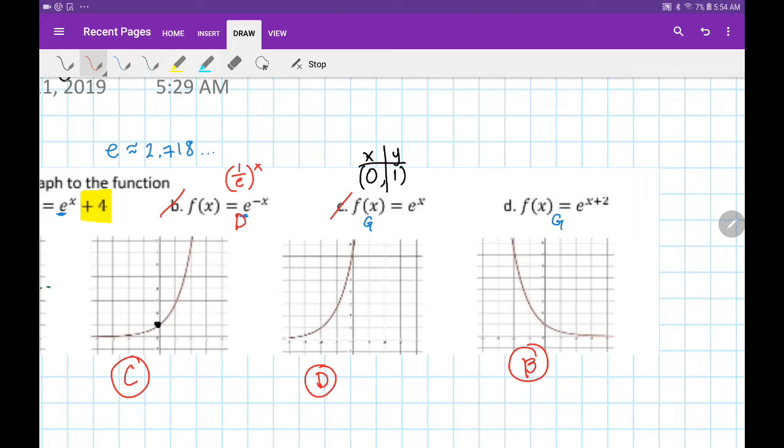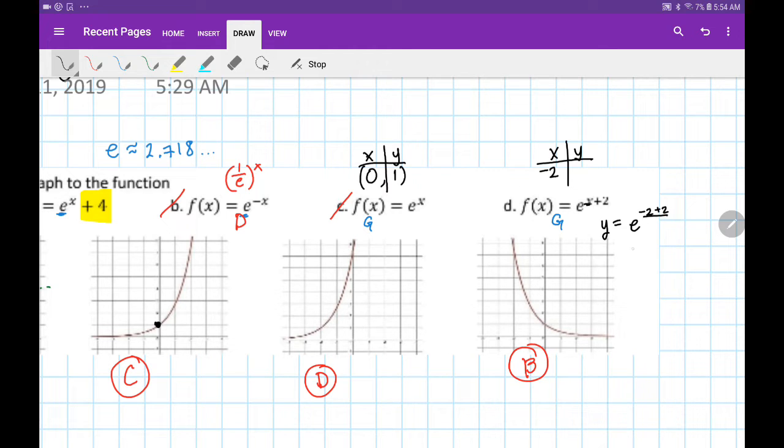But I'll confirm it just in case. Let's do an x-y table over here and make sure that we get the right point. This time a good number to plug in for x might be -2, and you'll see why in a second. I could call it f of -2, or I could just call it y. e to the power of, now I'm plugging in -2 for x.